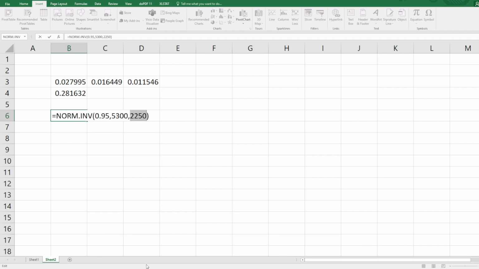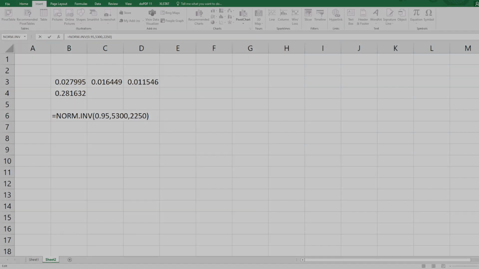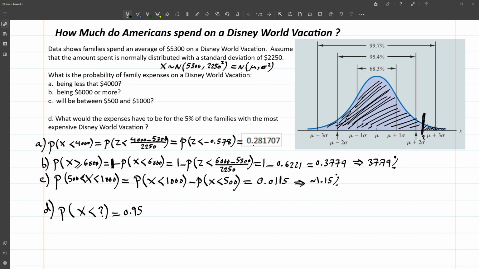Going back to my calculation sheet, x should be less than or equal to $9,000, and then you get 0.95.